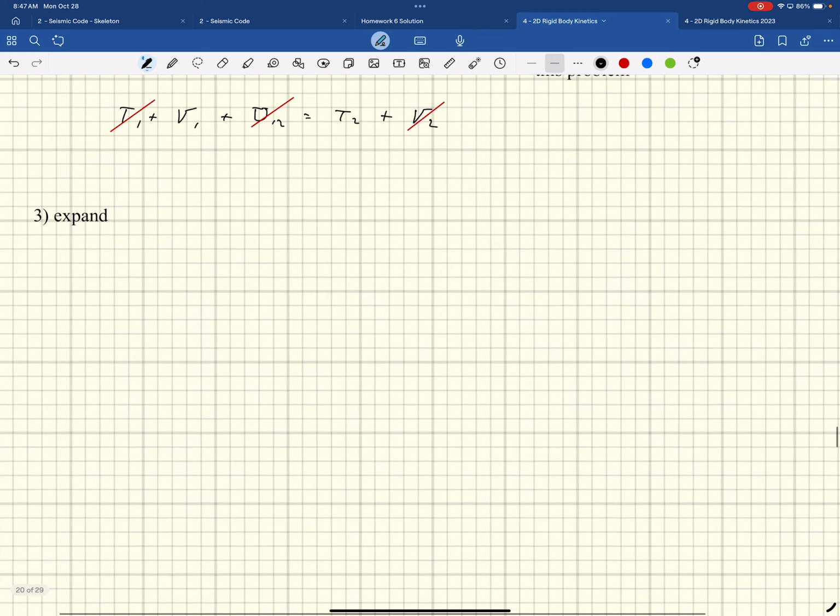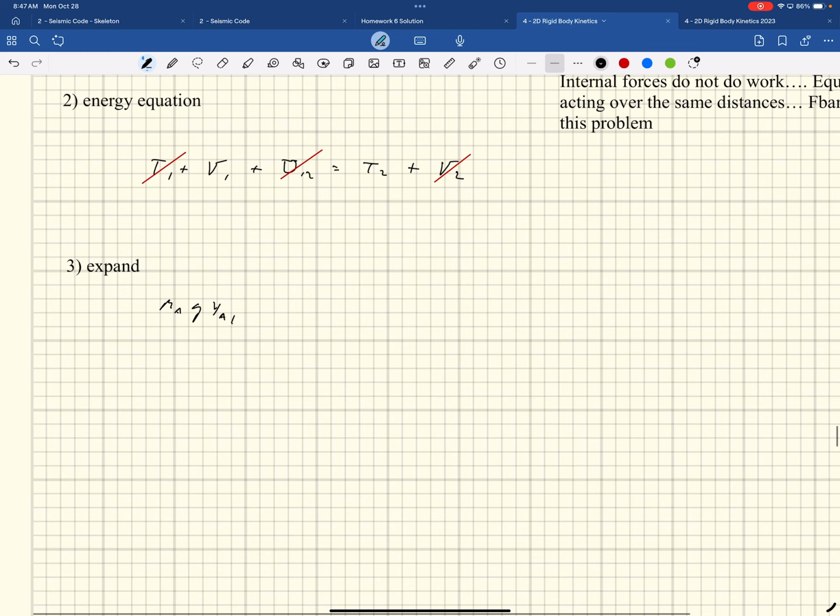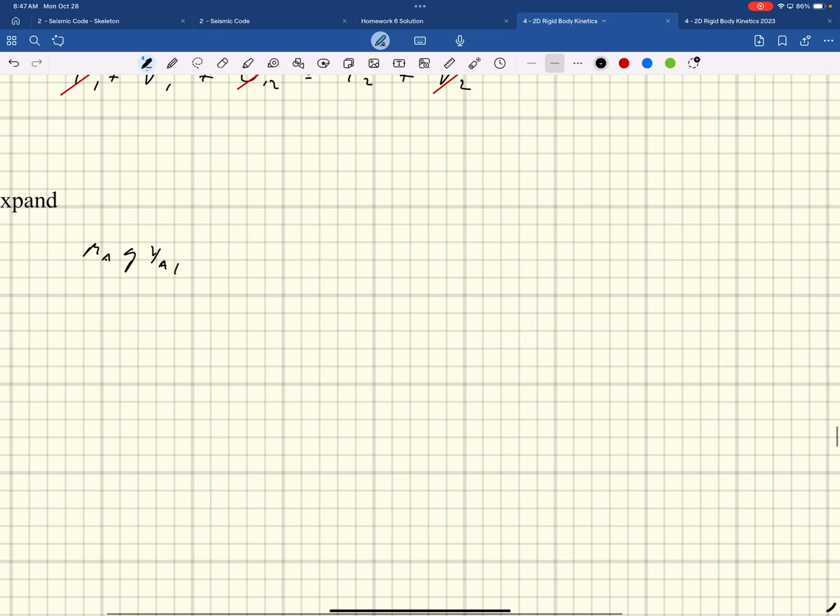All right. So it's potential energy at the beginning. It's just mass times gravity times height. So we've got M_A times g times y_A1, because you're going to have a different height for every object that we have, so we have to put a little subscript on there.